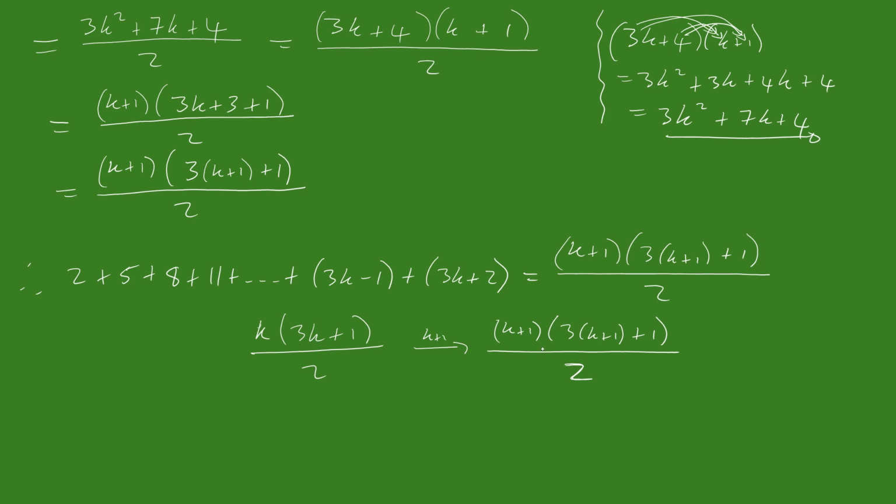So if it's true for k plus 1, it will be true for k plus 2, and then k plus 3 and k plus 4. So it will hold. So therefore 2 plus 5 plus 8 plus 11 plus all the way to 3n minus 1 is equal to n times 3n plus 1 over 2 for all n in the natural numbers.